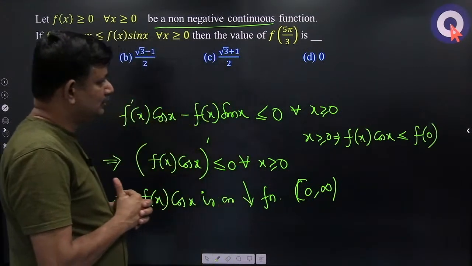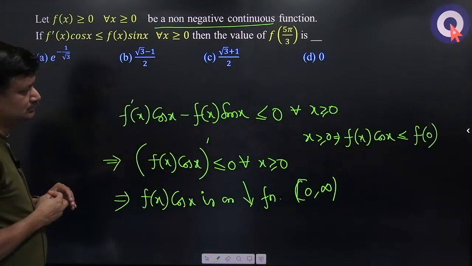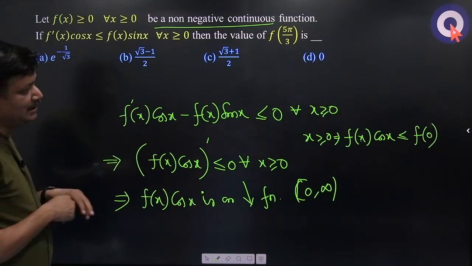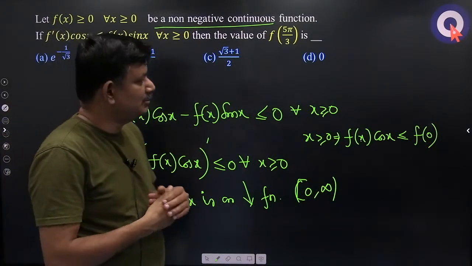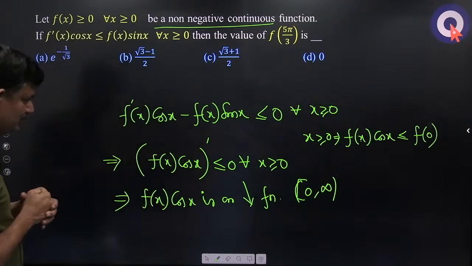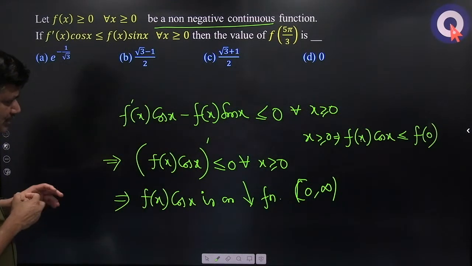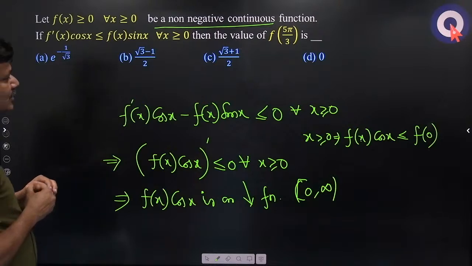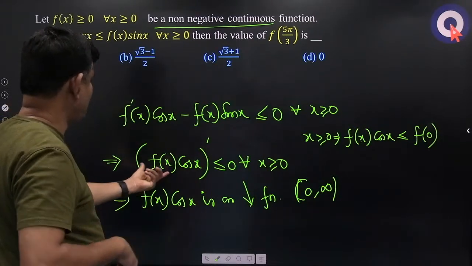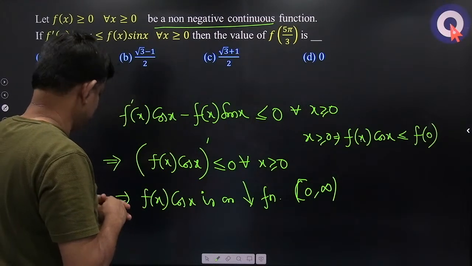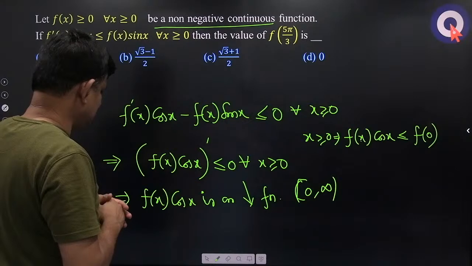Now f of 0 and f of x are both given to be positive. The derivative is less than or equal to 0 for all x belonging to R. So this is a decreasing function.